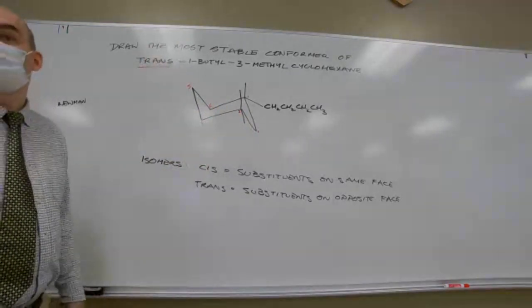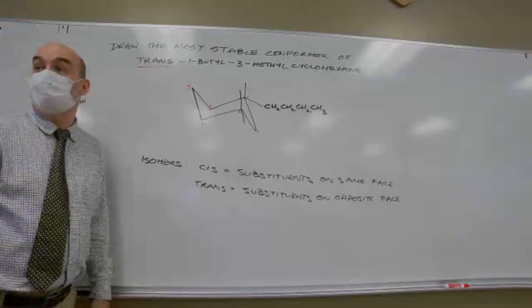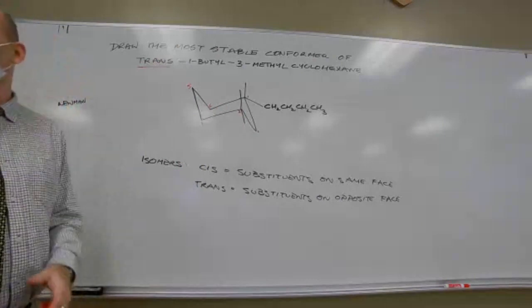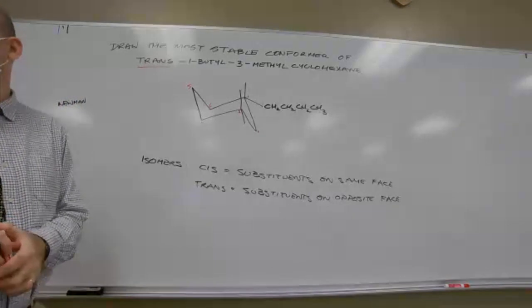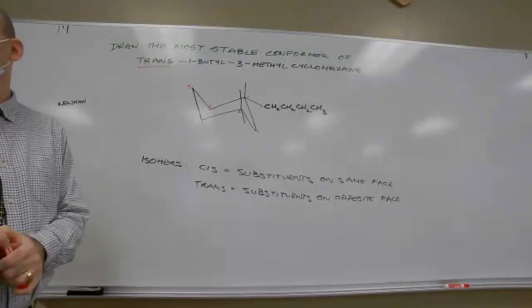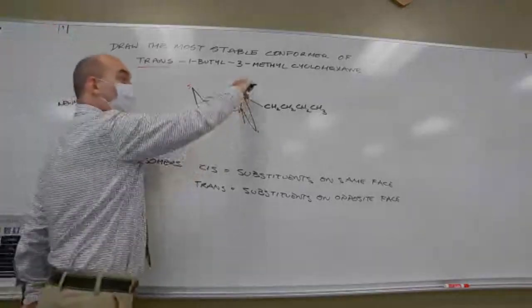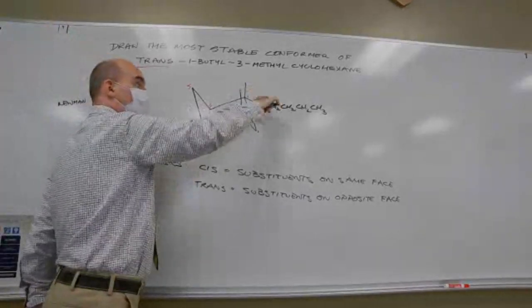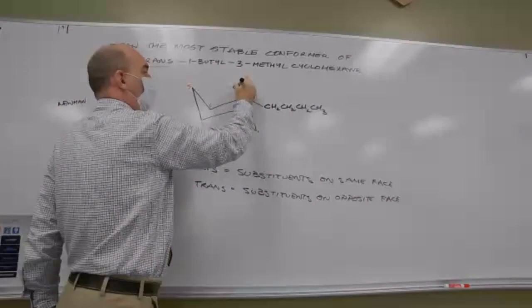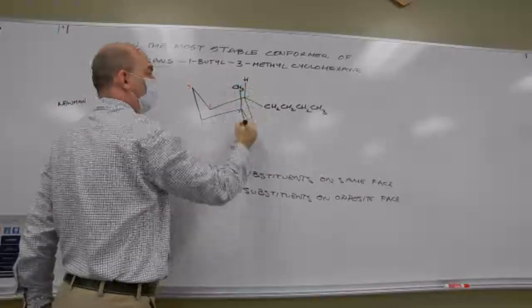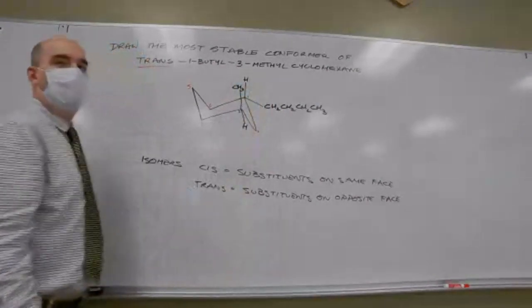Told you in the question, these two groups have to be on opposite faces of the molecule. They're trans, so they have to be on opposite faces. So if this substituent is pointing down, that leaves me no option but to put the methyl pointing up on 1, 3.